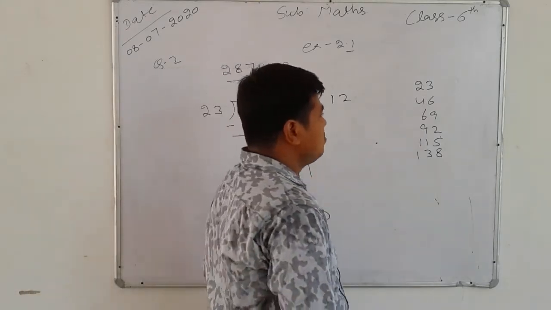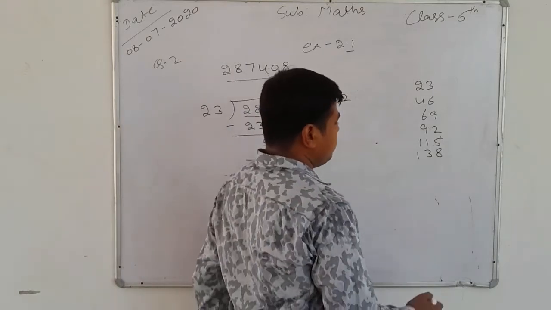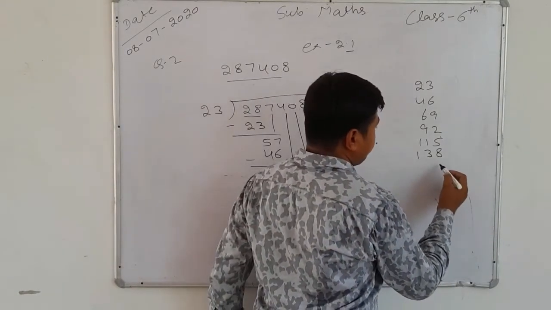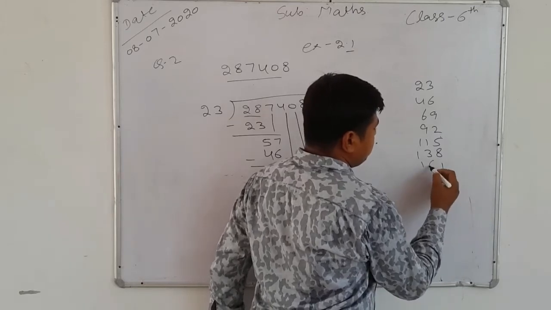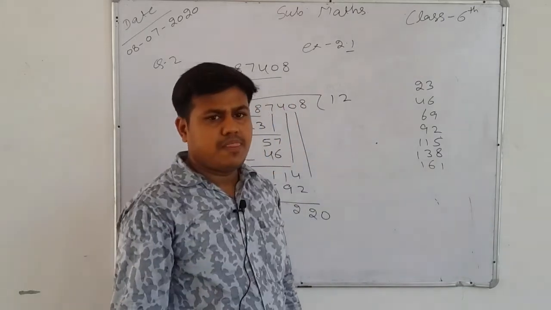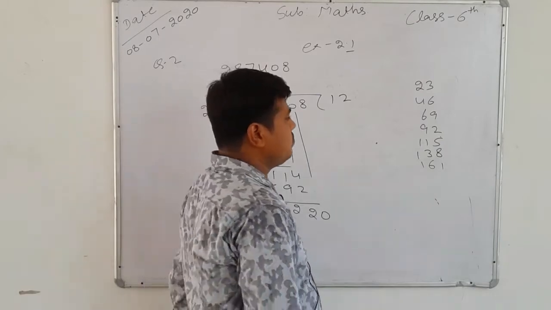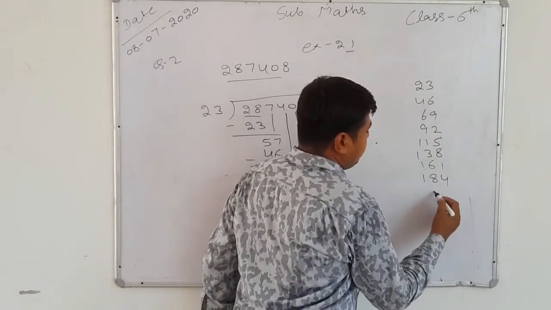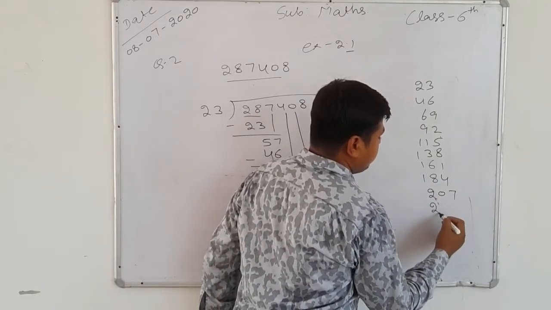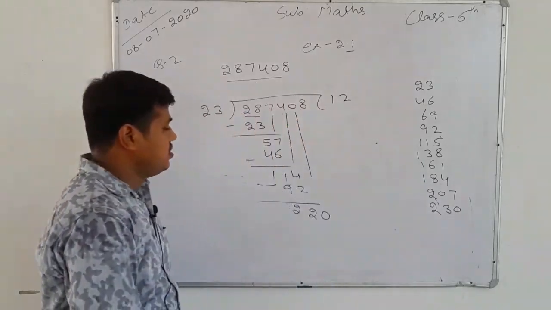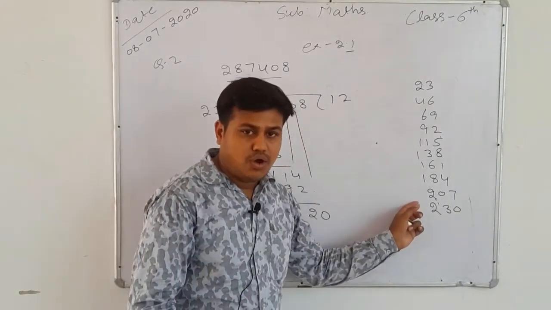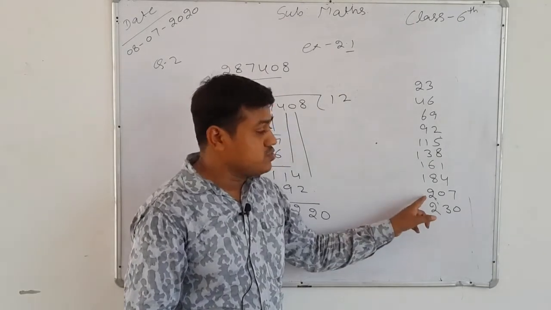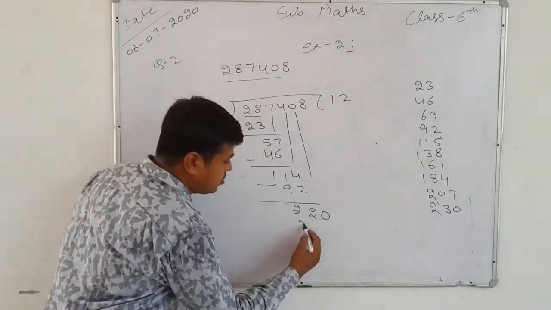After that, 23 sixes are 138, 23 sevens are 161, 23 eights are 184, 23 nines are 207, 23 tens are 230. So 220 is not in the table of 23, so we have to choose 207, just smaller than 220.